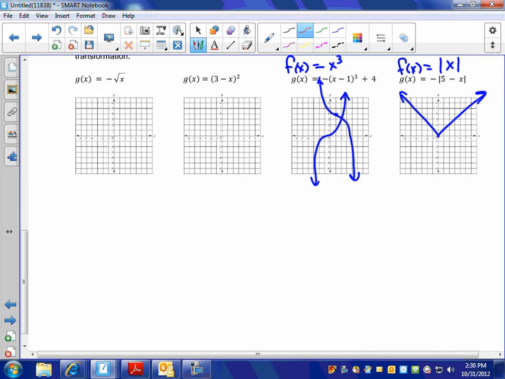What is it? I take the inside and set it equal to 0. And if you solve, you get x is 5. So it moves to the right 5 and it's upside down. Piece of cake upside down. How's that?